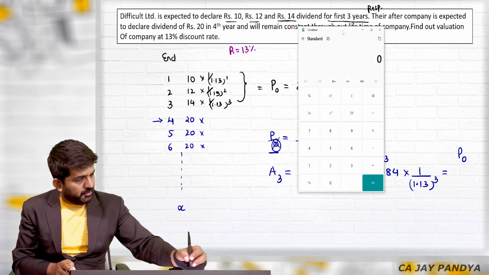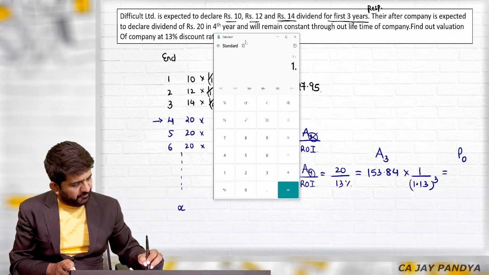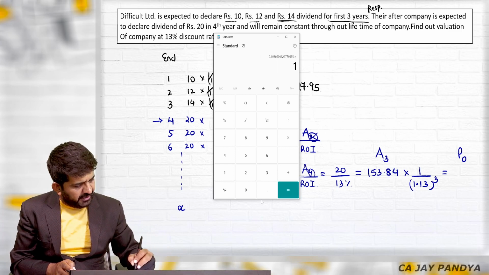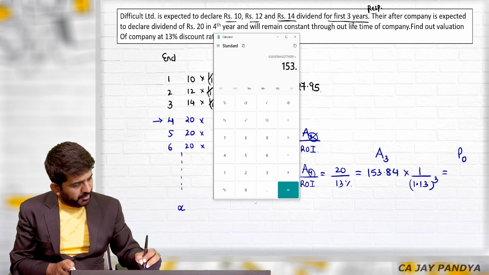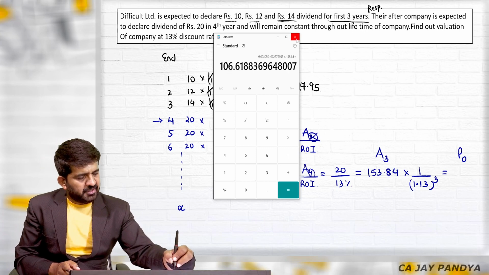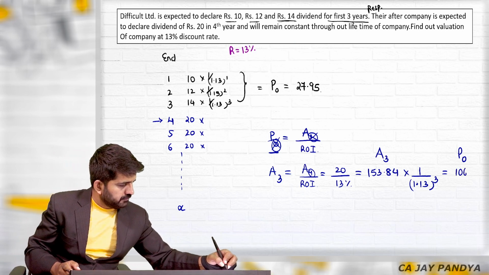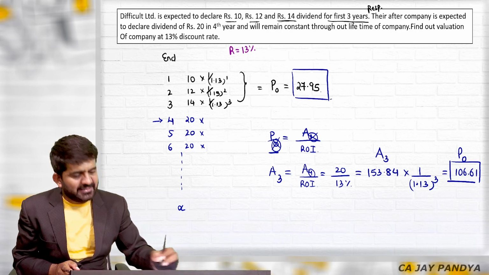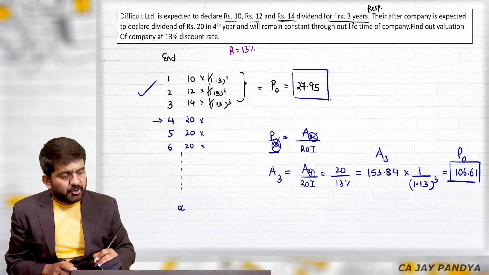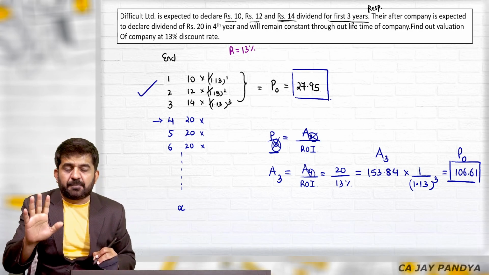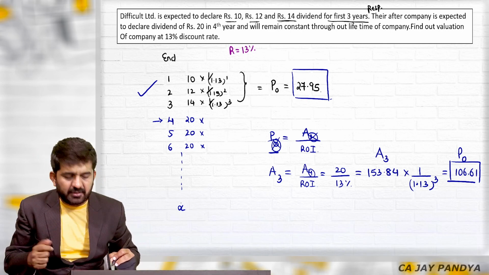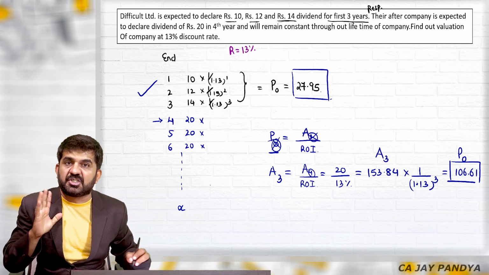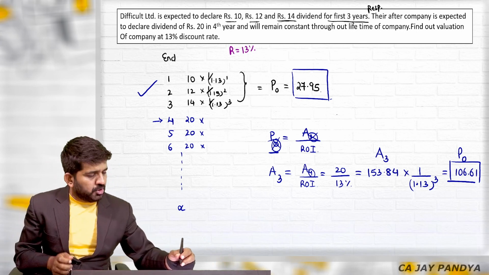And what is that value? It is 1 divided by 1.13 multiplied by 153.84, which is 106.61. Now these two values can be added. 27.95 is the present value of the first 3 years, and from the fourth year onwards the present value is 106.61. What will be the total present value?